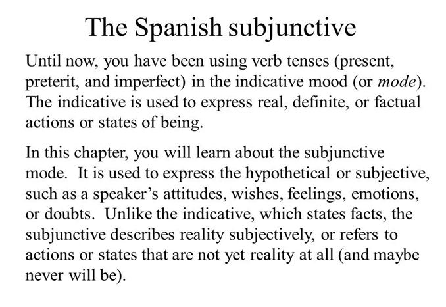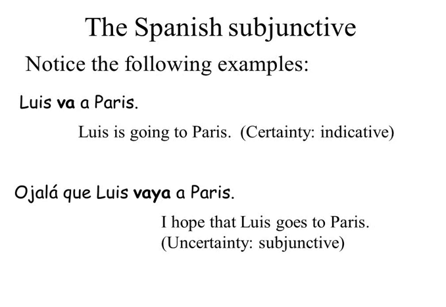Unlike the indicative, which states facts, the subjunctive describes reality subjectively, or refers to actions or states that are not yet reality at all, and maybe never will be. Let's see some examples. When I say Luís va a Paris, I need to use the present of the indicative because I know he's going to Paris.